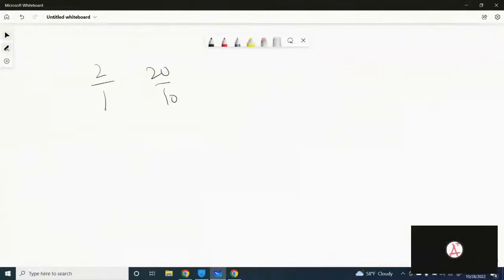Basically you have to multiply. 2 times 9 is 18, multiply the 9 with the bottom one, 9 times 1 is 9, so it is 18 over 9. Sorry, here you have 10, not 9.